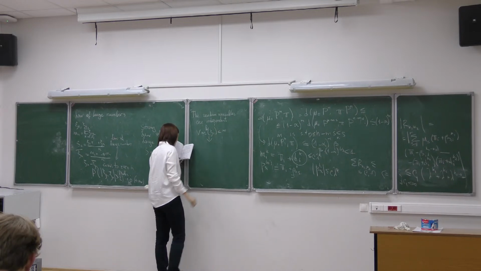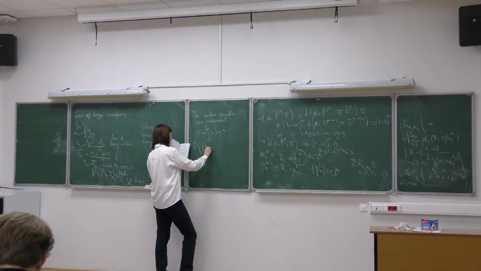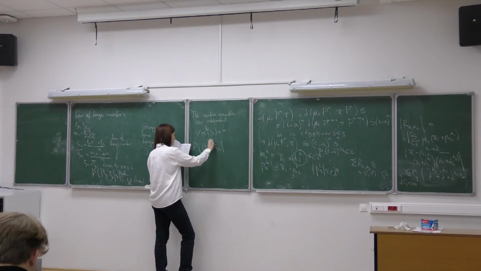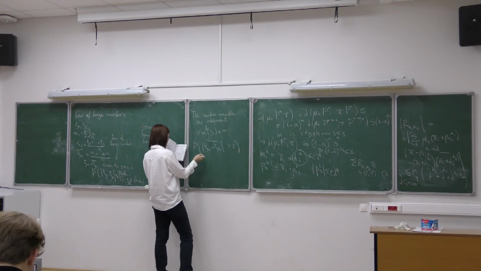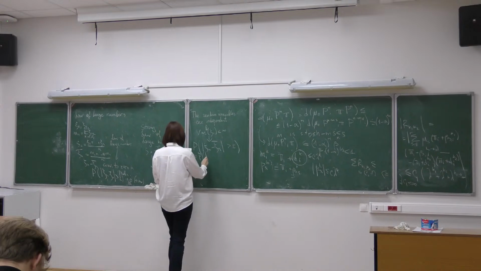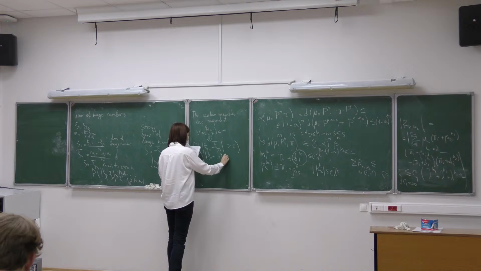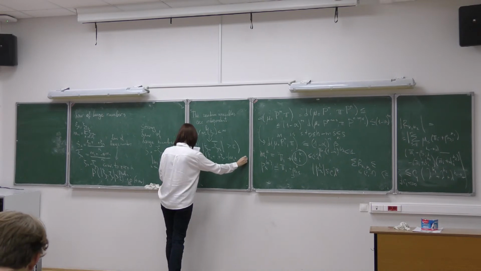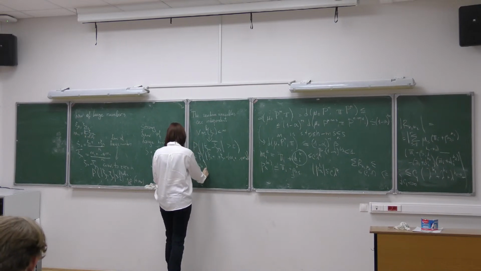Then we apply these inequalities and we say that the probability that we have a difference greater than epsilon is nothing else than the probability that the sum of these variables minus the sum of their means is greater or equal than epsilon n.